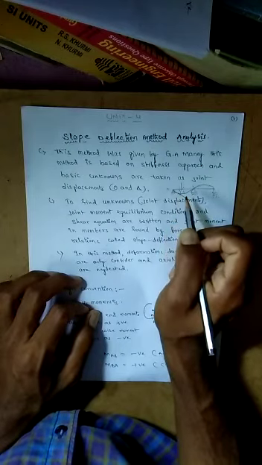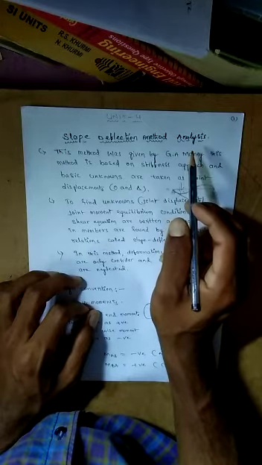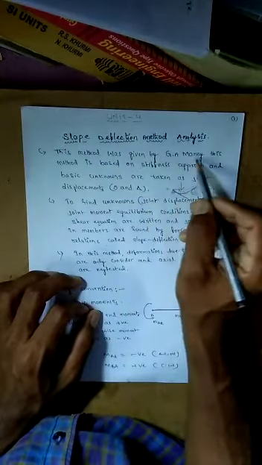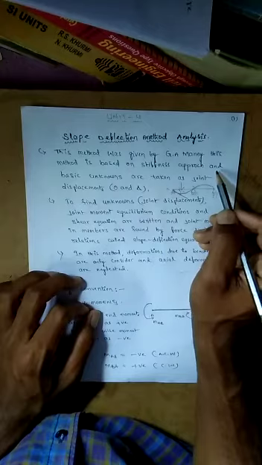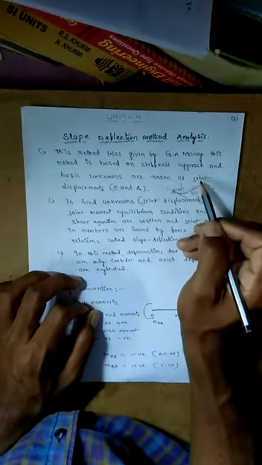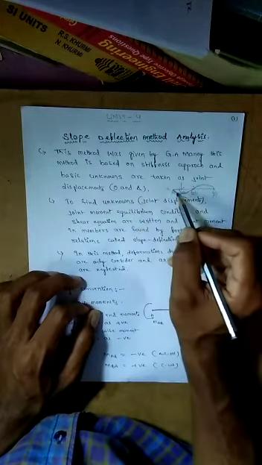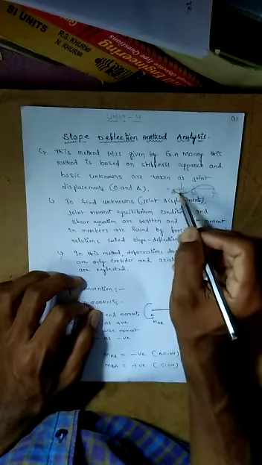How to calculate the slope and deflection? By using this method, which was given by G.A. Maney. This method is based on the stiffness approach, and the basic unknowns are taken as joint displacements, that is theta and delta. Here is the continuous beam, here the delta, and this is the theta.